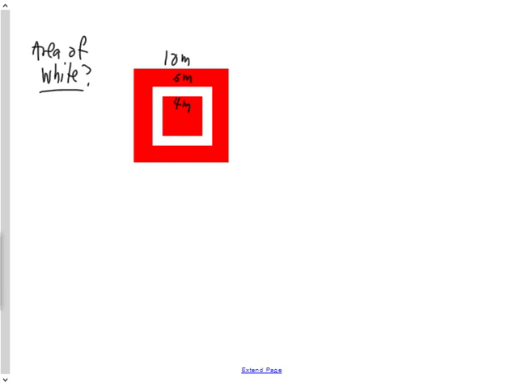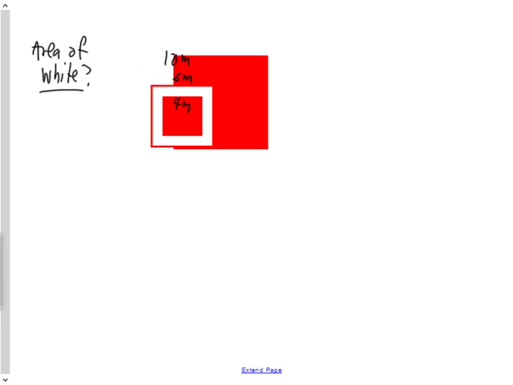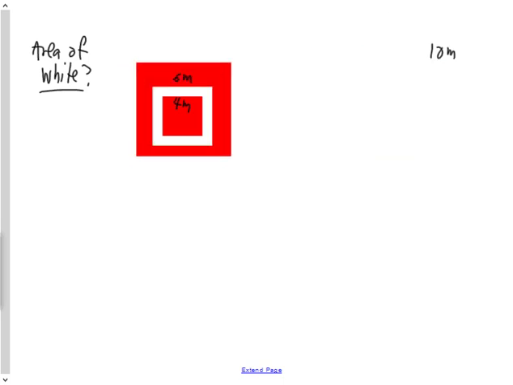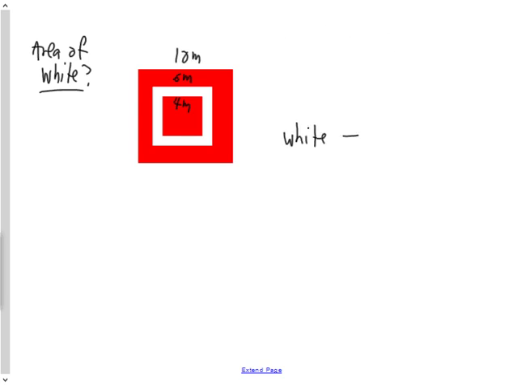Area of the white. If you think about it, you don't really need this red square. So if I took that away, I could still solve this because it has the area of the red, take away the area of the white. So the formula would be white square, take away red, equals white border. So side squared white, take away side squared red equals the remainder.